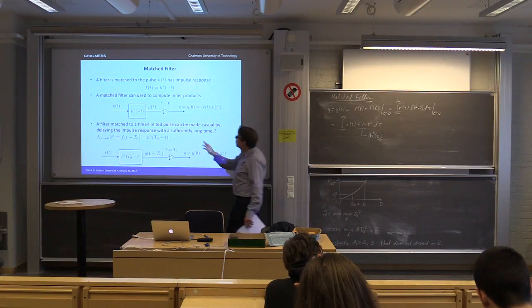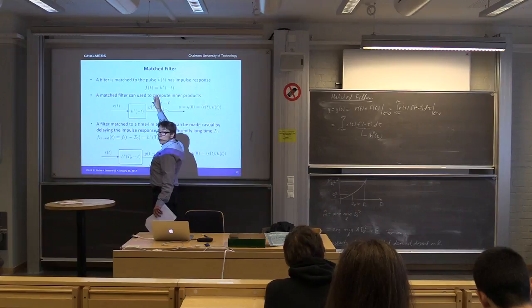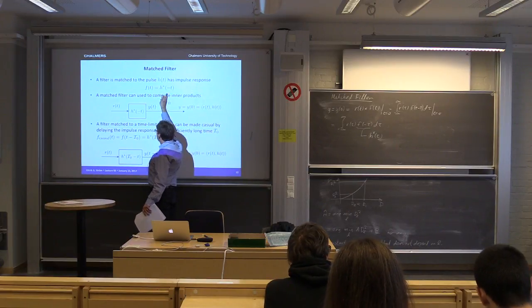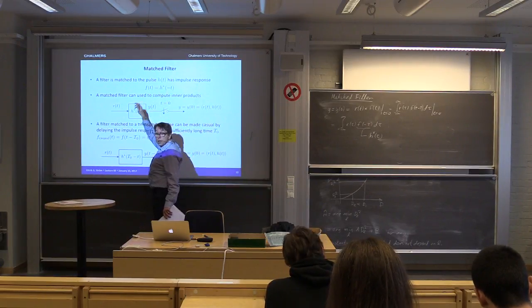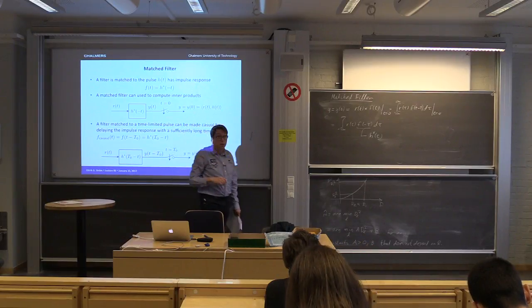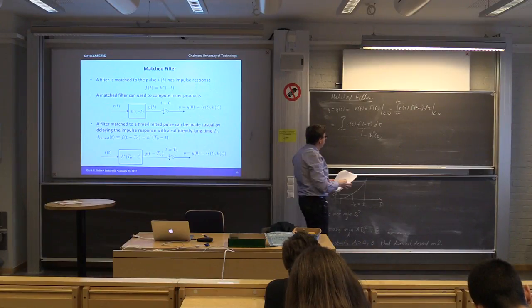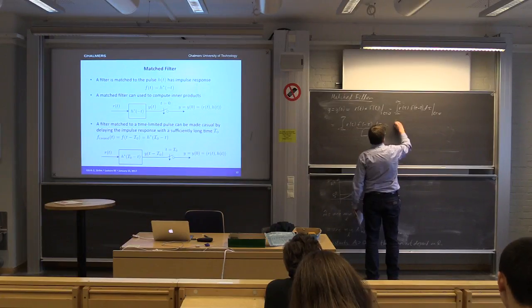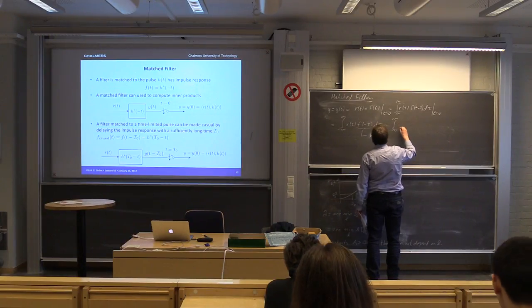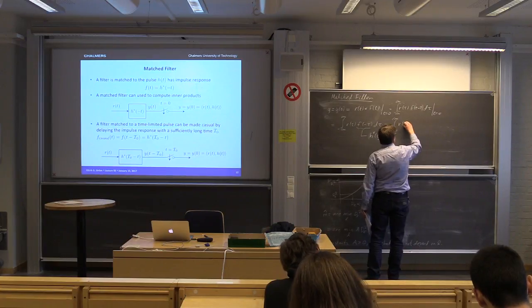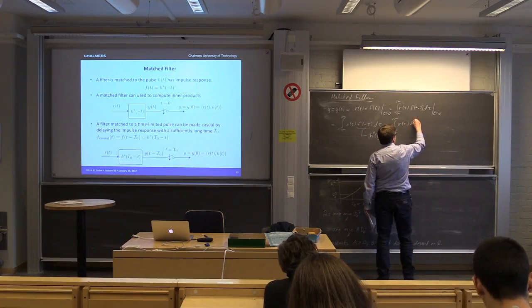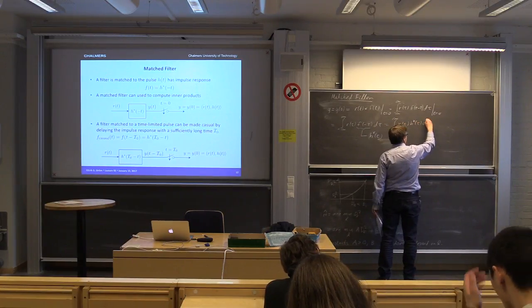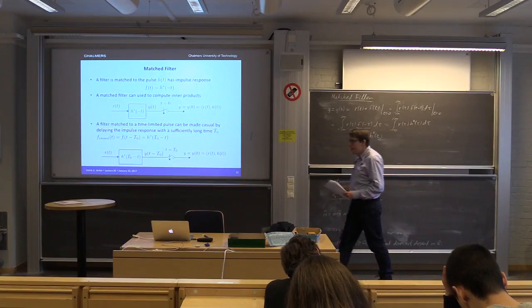Because we just use this equation, replace t with tau, and conjugate the left-hand side and right-hand side. And we're there. Okay, so this is simply the integral from minus infinity to infinity of r of tau h conjugate of tau, d tau, like this.